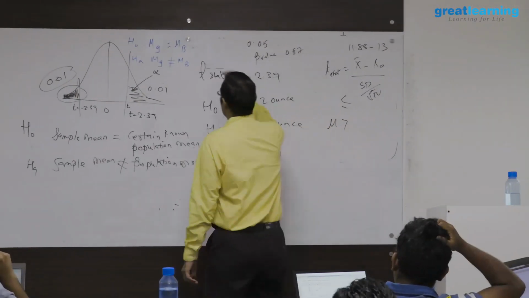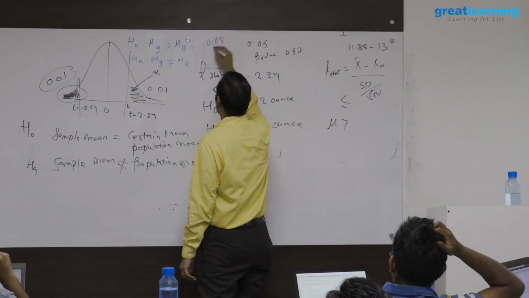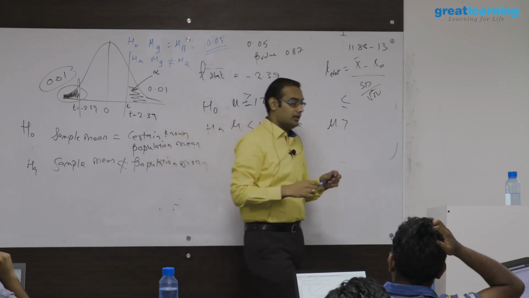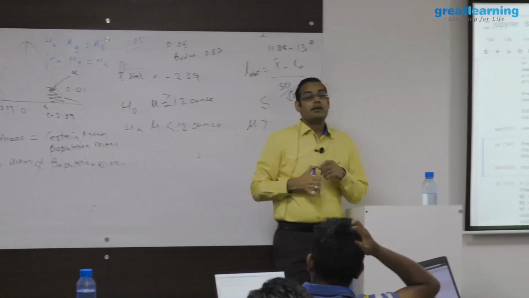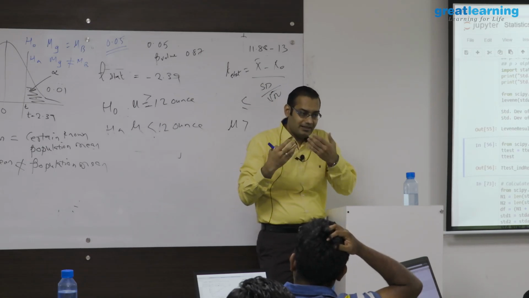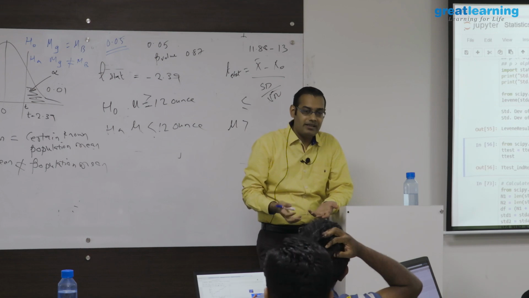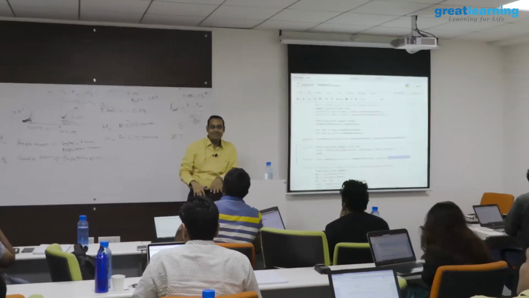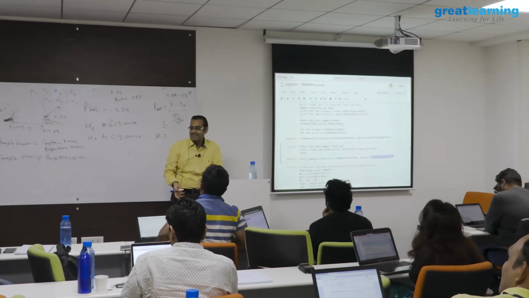I want to test it at alpha of 0.05. P-value is greater than 0.05, so I accept. If p-value is greater than alpha, accept null. If p-value is less than alpha, reject null.